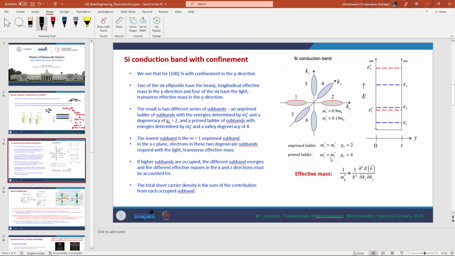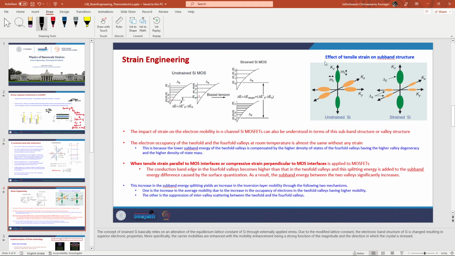Because of this, the energy levels change. We are also assuming that this is a confined silicon sample, in that the energy levels are discretized. That confinement essentially occurs in these channels due to either one of these effects.